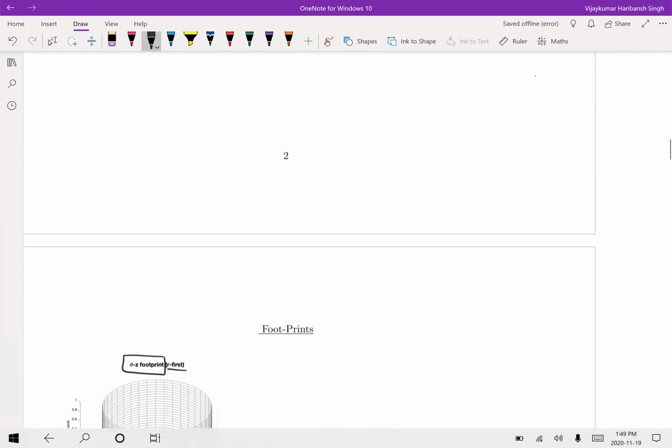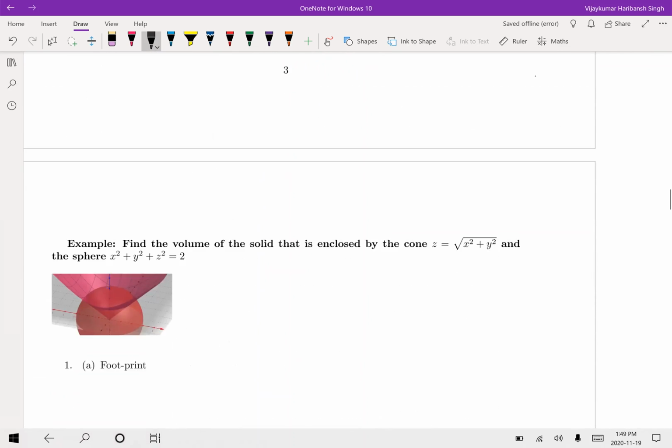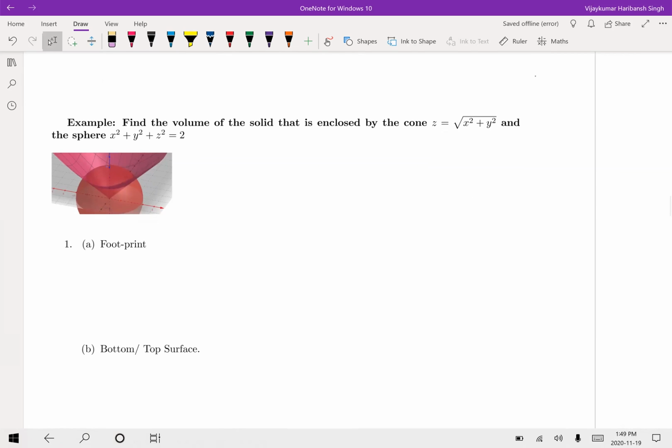So let's embark on the first example. Example 1: find the volume of the solid that is enclosed by z equals square root of x squared plus y squared and the sphere x squared plus y squared plus z squared equals 2. In this case, we will go z first.